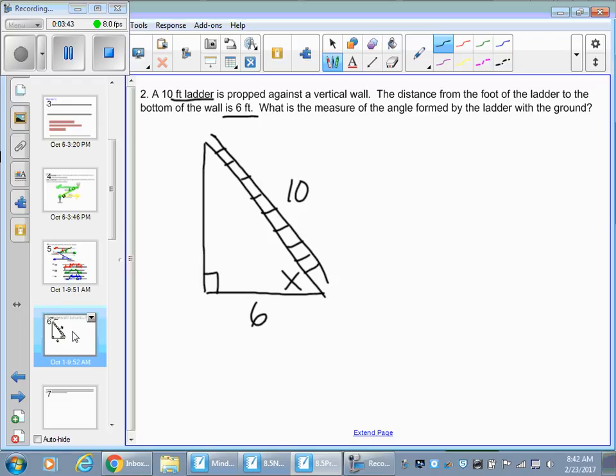All right. So now as I look at that, I'm knowing that I'm going to have to do SOHCAHTOA. And I'm going to have to do the inverse of something. I've got the adjacent and the hypotenuse.